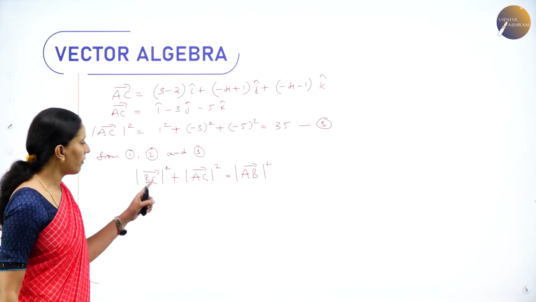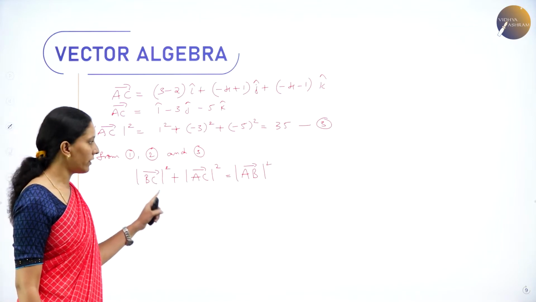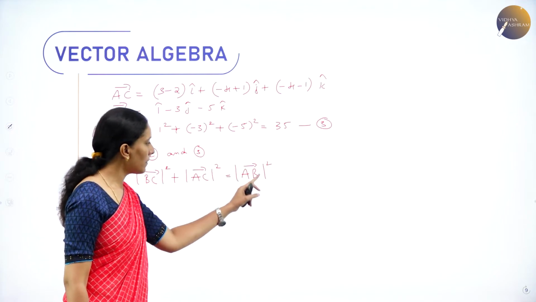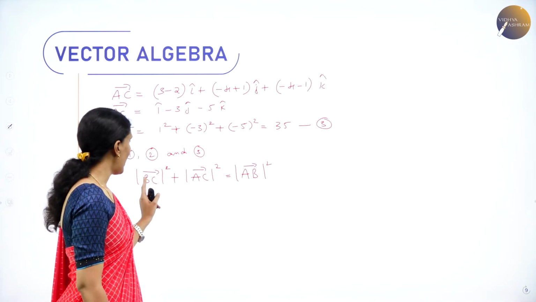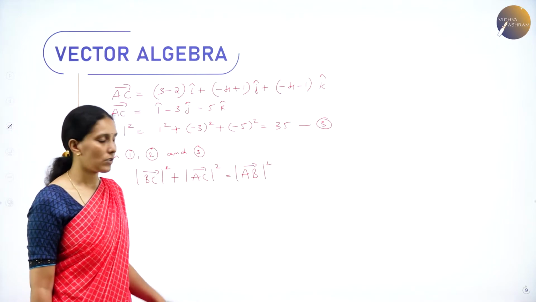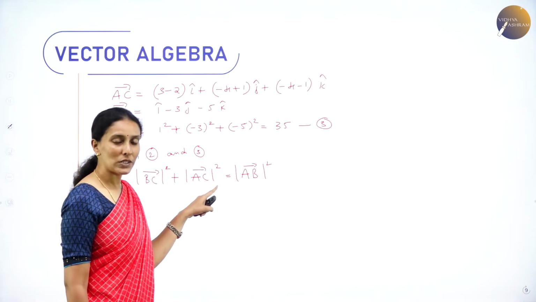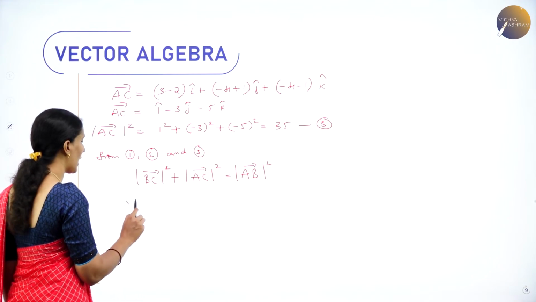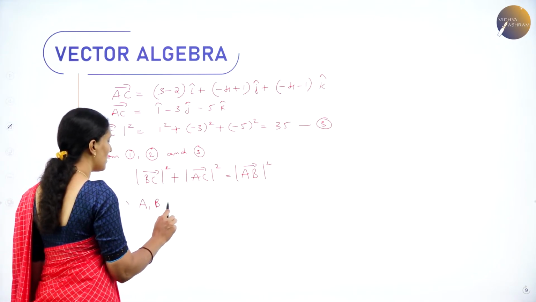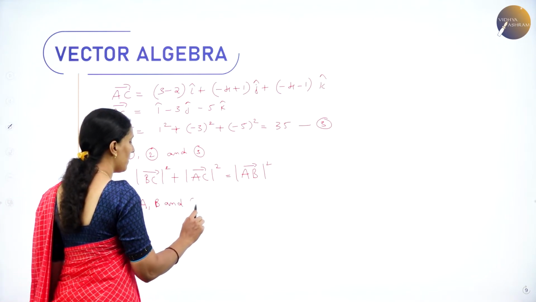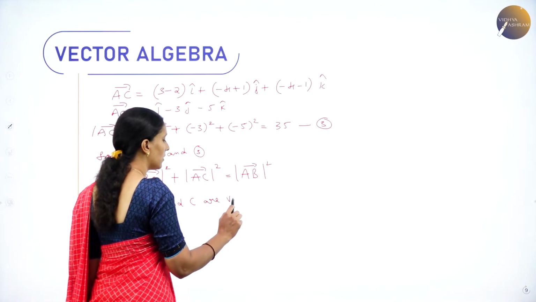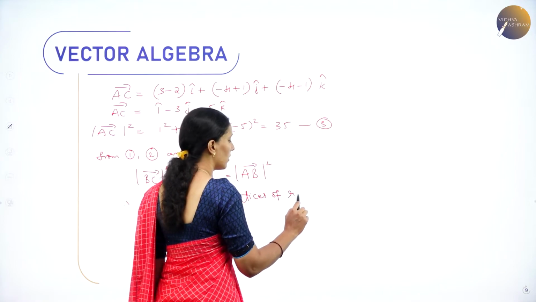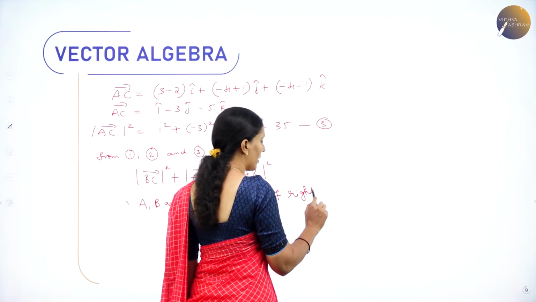So 35 plus 6 is 41 and AB square is also 41. That means AB will be the hypotenuse and the other two sides will be BC and AC. The sum of the squares of the other two sides is equal to the square of the hypotenuse. So we can conclude A, B and C are vertices of a right angle triangle.